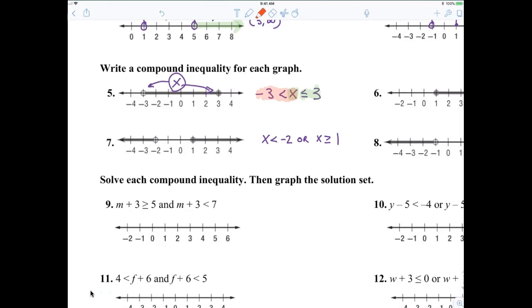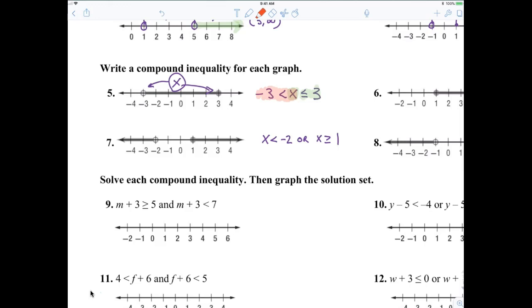I was reading it from right to left. Now again, listen to me. Stop daydreaming. That was a difficult thing, unless you're hearing me. Now, if you said -3 is less than x is less than or equal to 3, I know what you mean. You just haven't had the practice yet. In math, we speak as x is between -3 and 3.